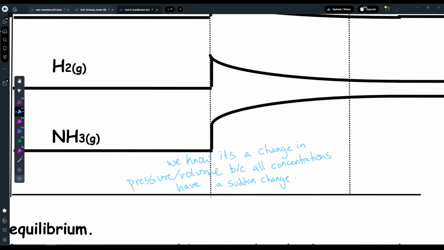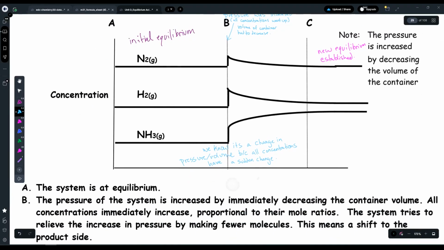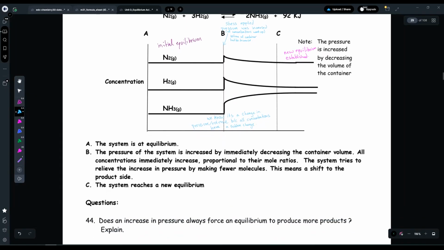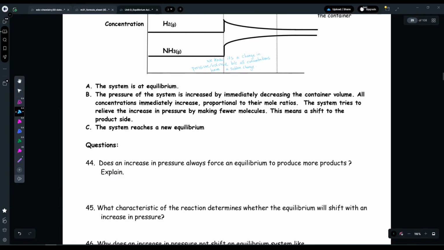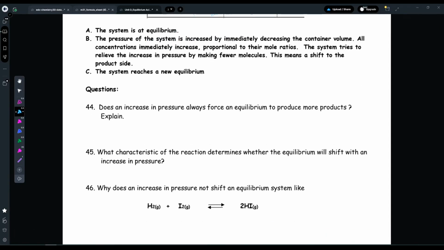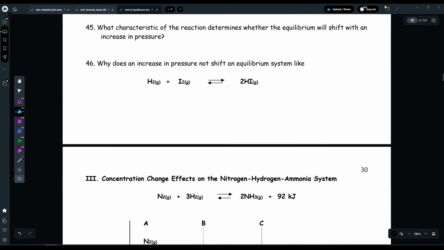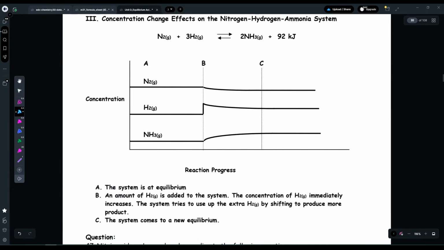So we know it's a change in pressure/volume because all concentrations have a sudden change. Okay, so there are some practice questions below here, so I'm going to move on to the next system here.